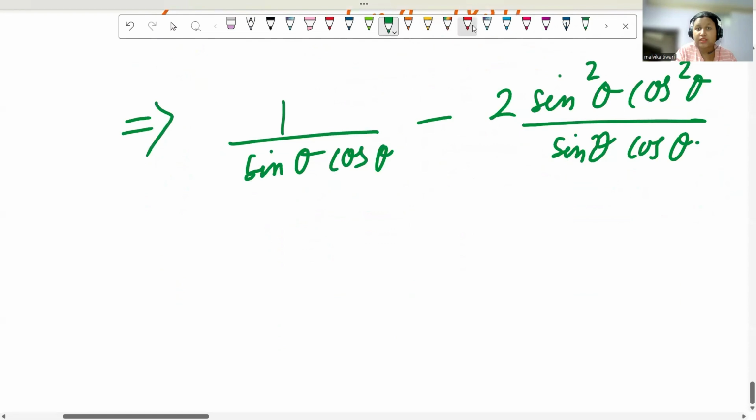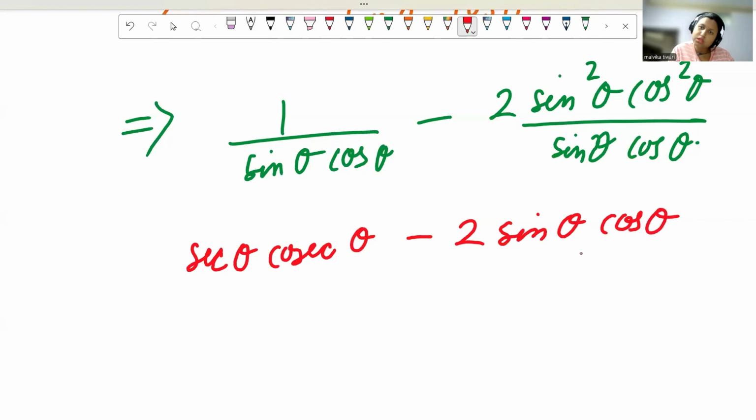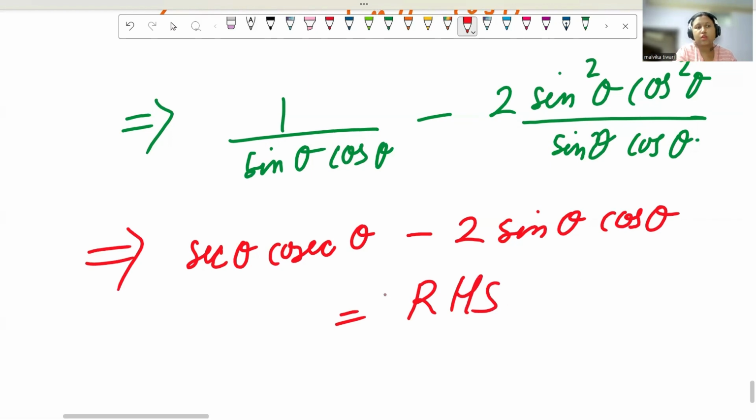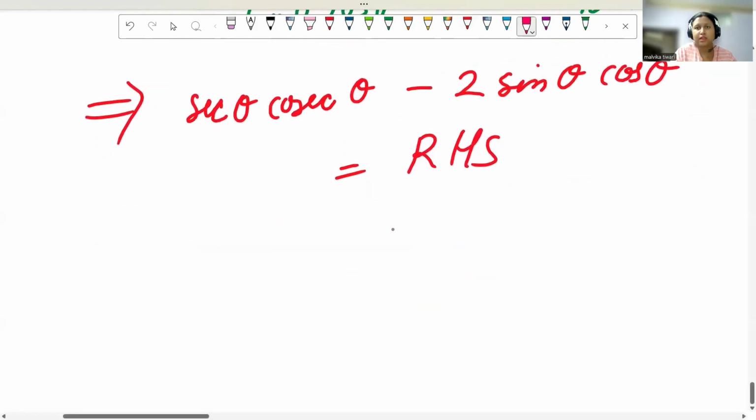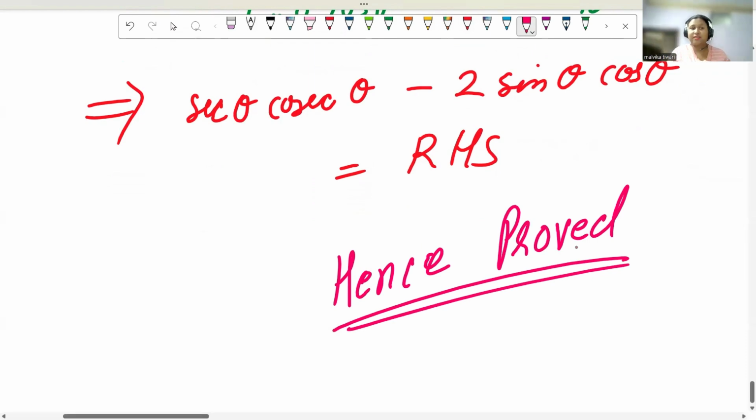So eventually this gives us sec theta cosec theta minus 2 sine theta cos theta, which is your RHS, and you can very proudly write here, hence proved.